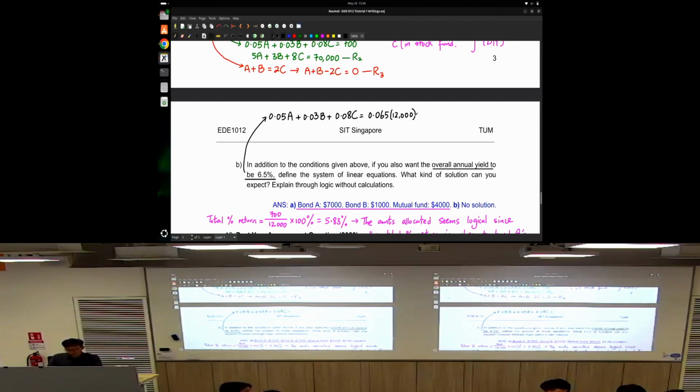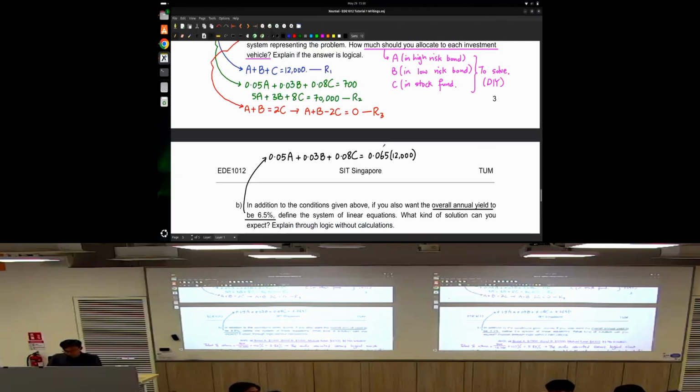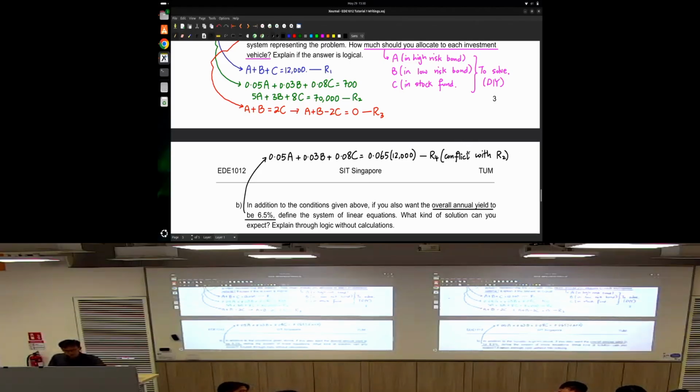This is 6.5%, 0.065 of your $12,000, so this is your overall annual yield. Obviously you can expect that this R4 is going to conflict with R2, because if you calculate this, it is not going to give you 700. It's going to give you maybe 800 plus.